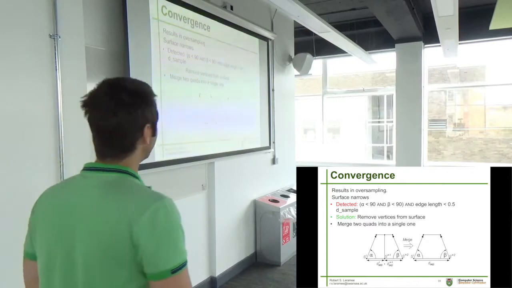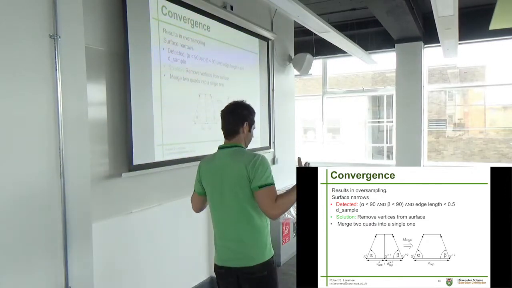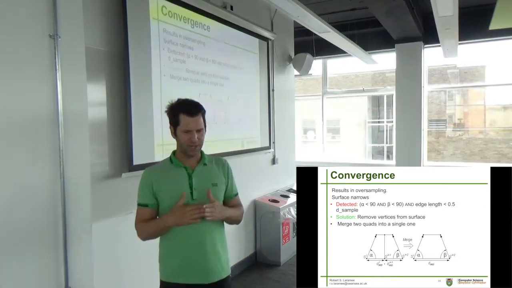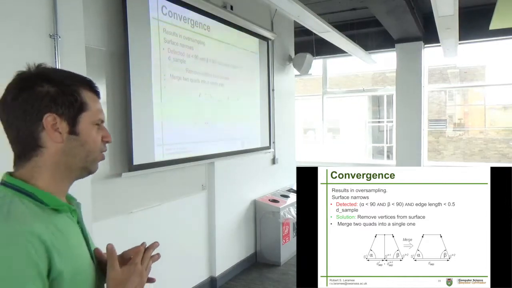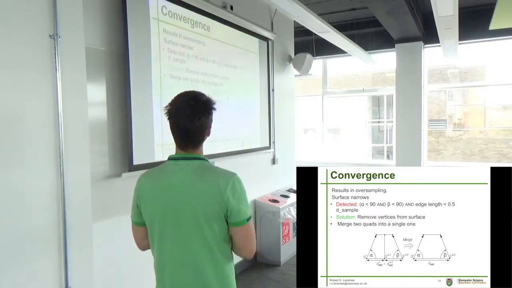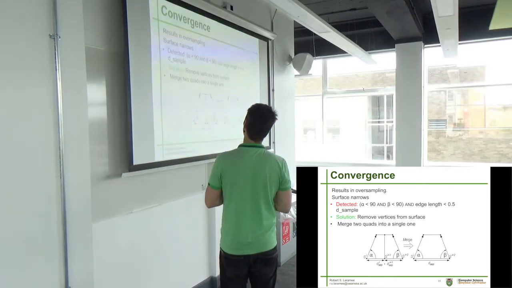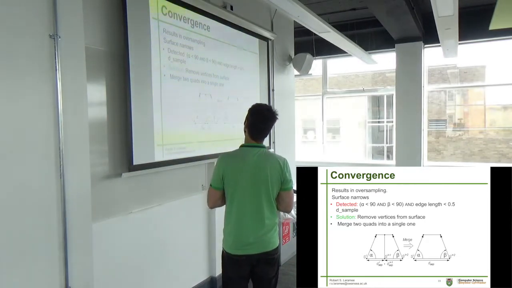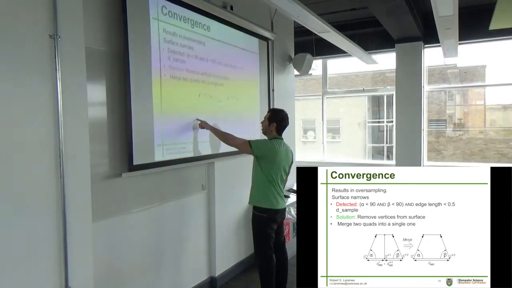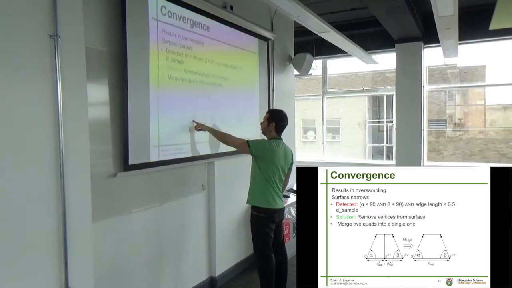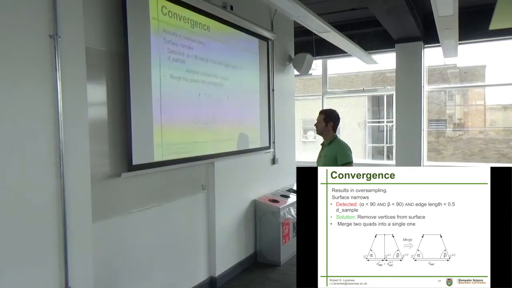Next is how to handle convergence, which is when 2 streamlines start to collide or get too close together. That results in oversampling or unnecessary computation. Again, we use 3 tests to test for convergence. One is the interior angle alpha: if that's less than 90 degrees, and the interior angle beta is less than 90 degrees, right?